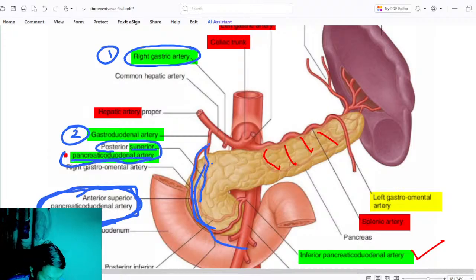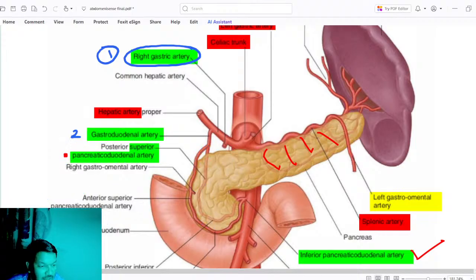One is the superior pancreaticoduodenal artery, another one is the right gastroepiploic artery, giving supply to the greater curvature in the lower part. Basically, this part, more specifically, is coming from the anterior superior pancreaticoduodenal artery. If the exam question becomes very difficult, they will be more specific like this.